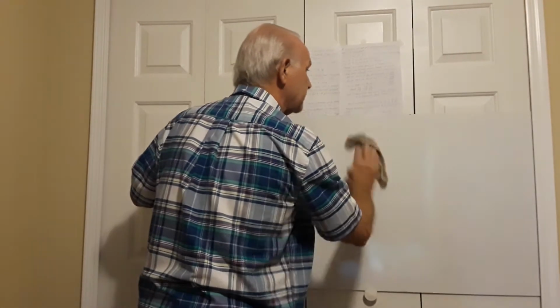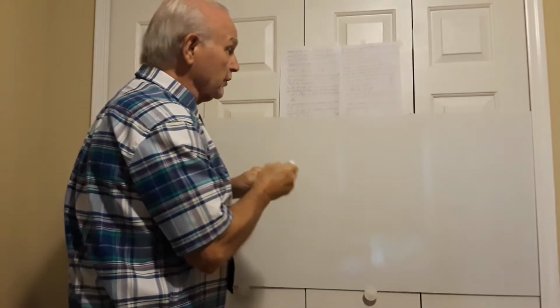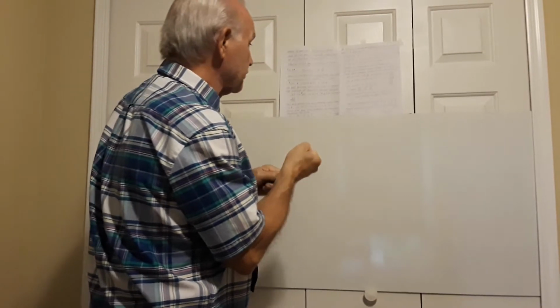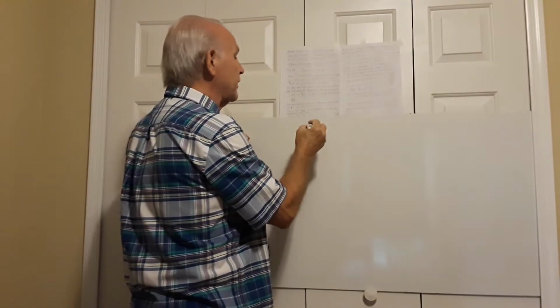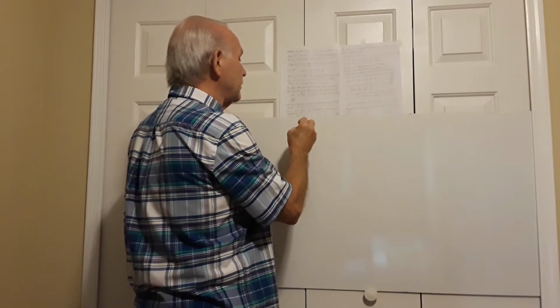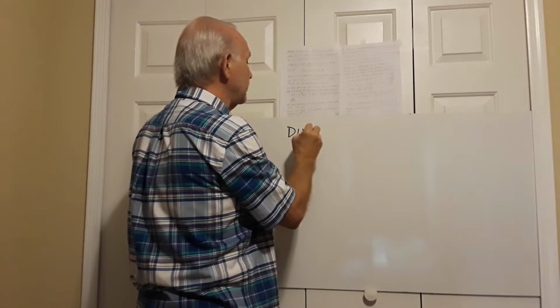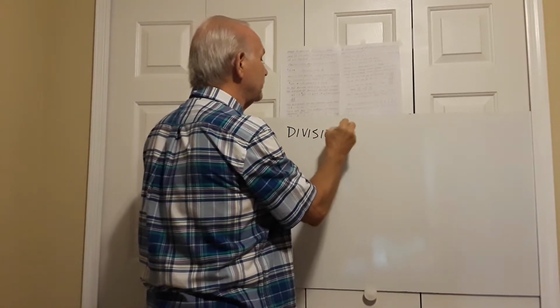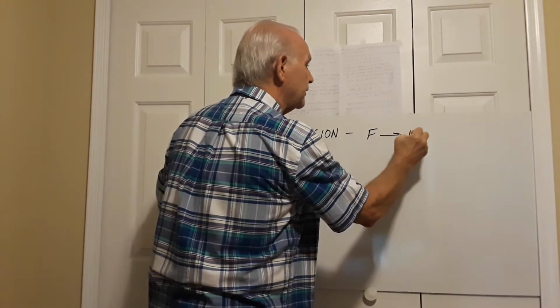Okay? All right. The next step here, I want to illustrate to you what it is that we have accomplished to this point. In these conversions, we have found that we can convert a fraction into a decimal. So division is going to convert the fraction into the decimal.